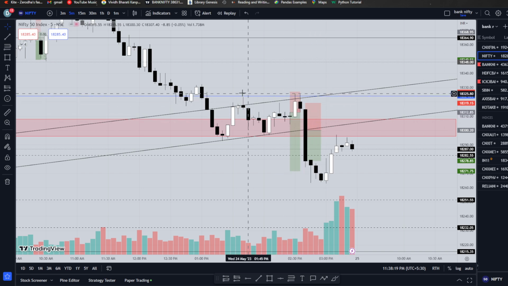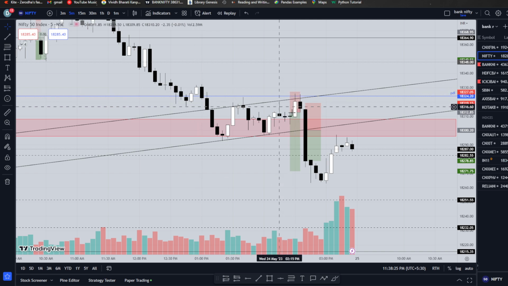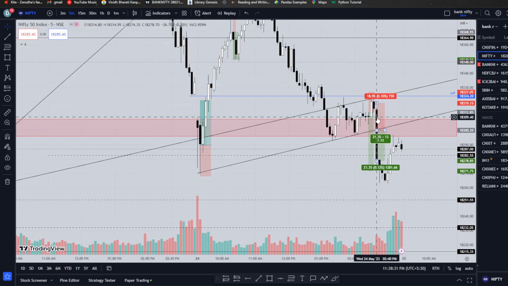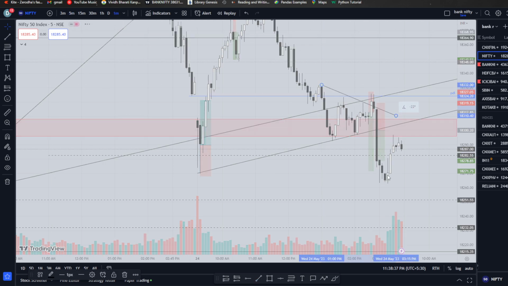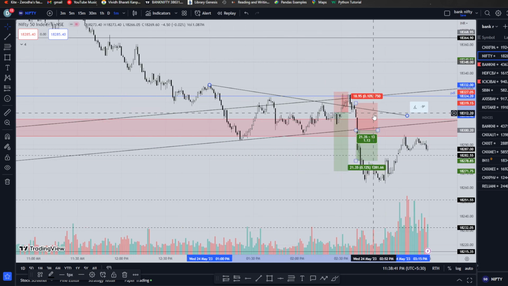I identified that my SL was hunted, and this was a fake breakout. If you see, this was a very small micro trend line. I'll draw it for you on the 1 minute time frame. It's a very small trend line, and this trend line failed.